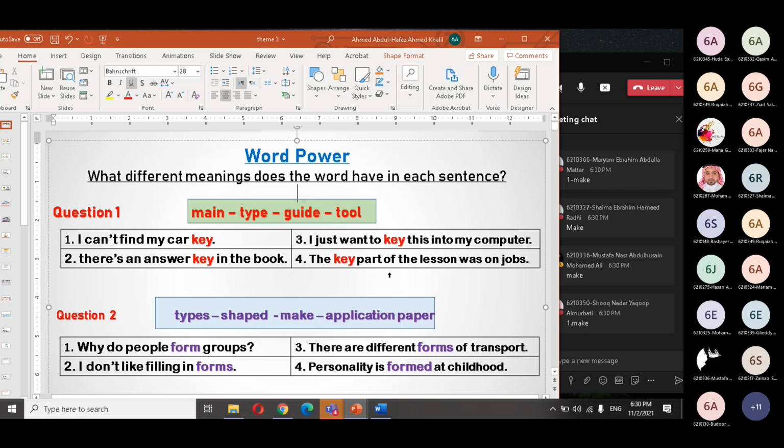So form here is a verb. It means make. In number 2, I don't like filling in forms. What does forms here mean in the second one? Fill in, complete. I don't like filling in means completing forms.